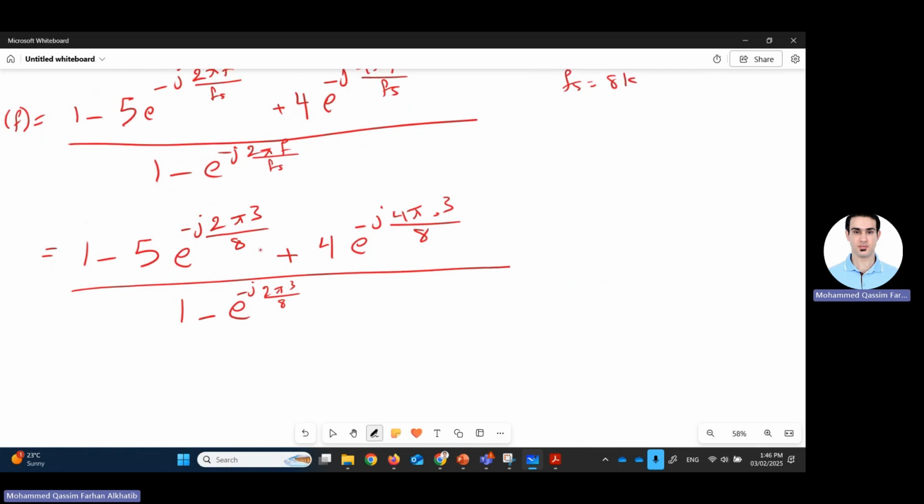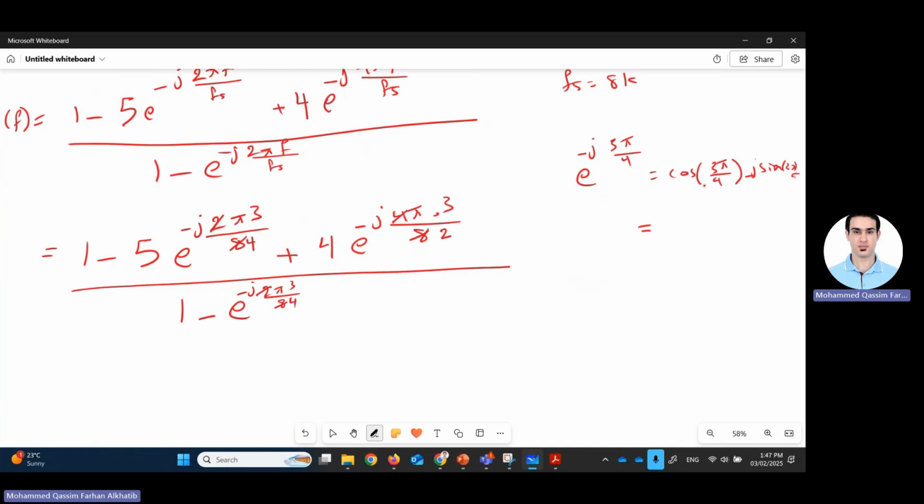Okay. So let's do it with Euler. Simplify, so 3 and 3, so that's 3 pi over 4. 4, 2, that's 3 pi over 2. 2, 4, 3 pi over 4. So let's do e to the power minus j 3 pi over 4, cosine 3 pi over 4 minus j sine 3 pi over 4.